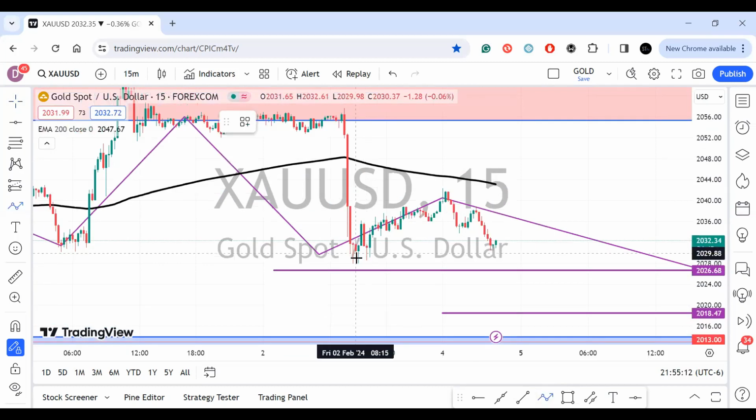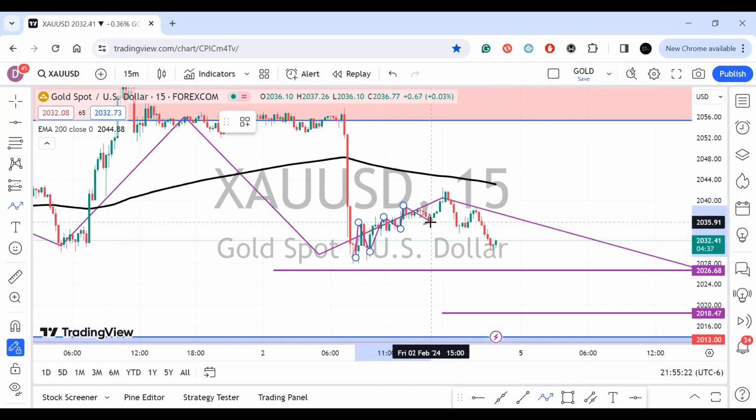Here, price gave us a new high, a new low, a new high, a new low, a new high, a new low, new high. So we had a break of this structure. Price broke this structure. Price pulled back to retest this high. Then this is where I started selling off from. So price already broke our low.